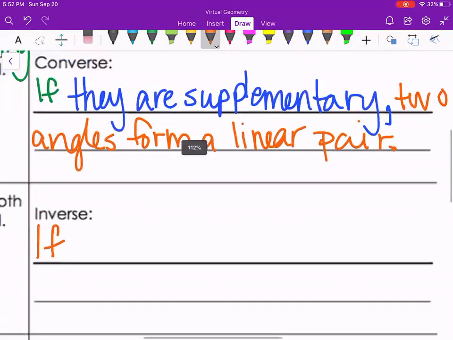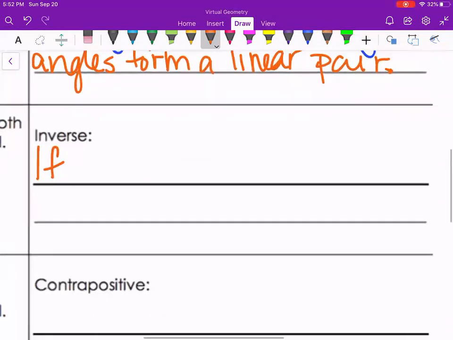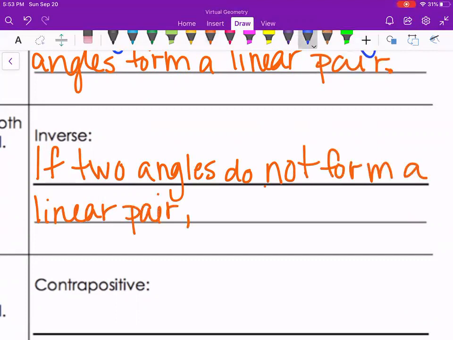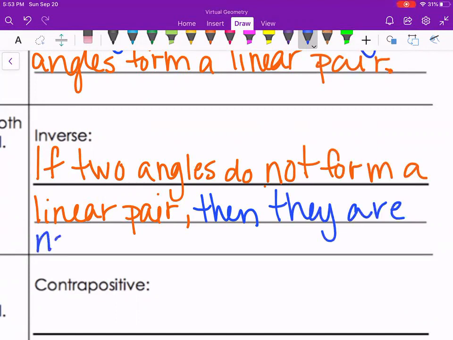So if two angles form a linear pair, so in this case, if two angles do not, there's my negation word, form a linear pair, comma, then they are not supplementary.